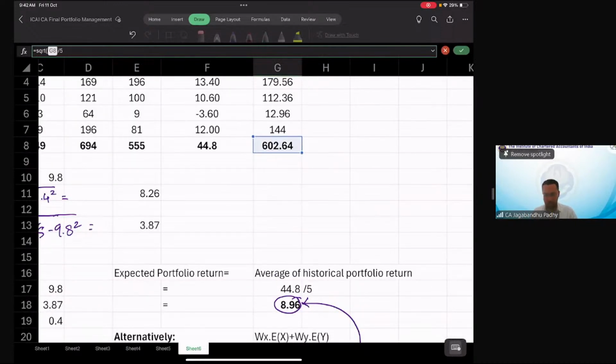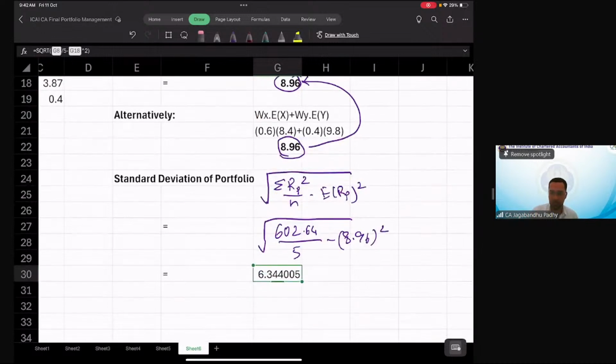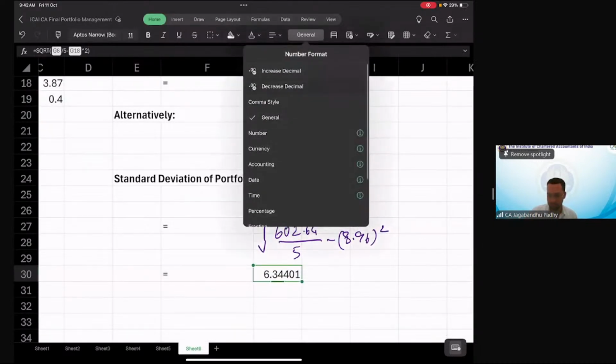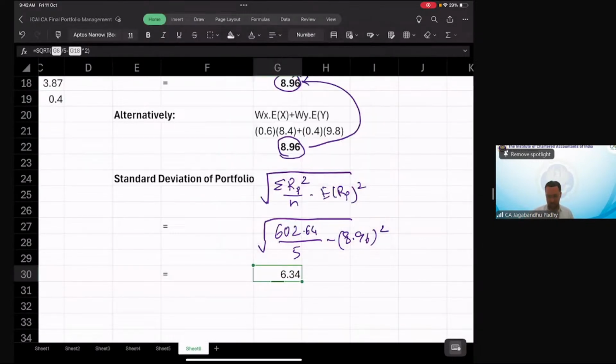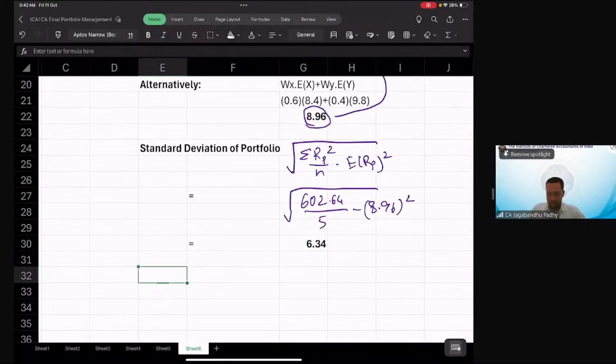That gives us 6.34. So 6.34 is the standard deviation of the portfolio.